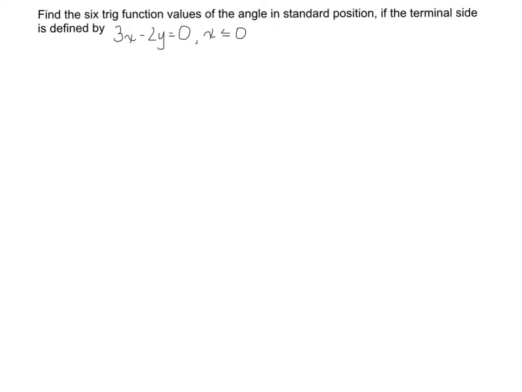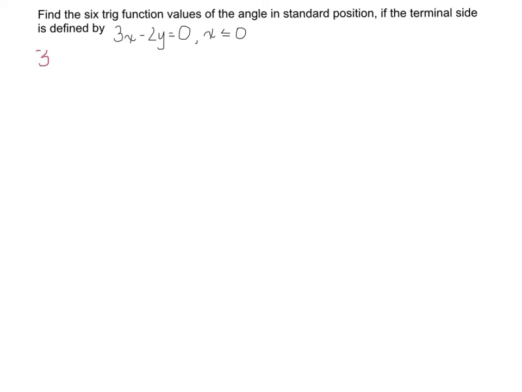For this next one, we don't have the coordinates, but we're given the line that defines the ray and the fact that the x values must be negative. So the first thing I need to do is pick some xy values that will work in this. If I start with x equal to -1, one of the things that I notice is my y value is going to end up being a fraction. So I'm going to pick x as -2, which hopefully will give me a little bit nicer coordinate to work with.